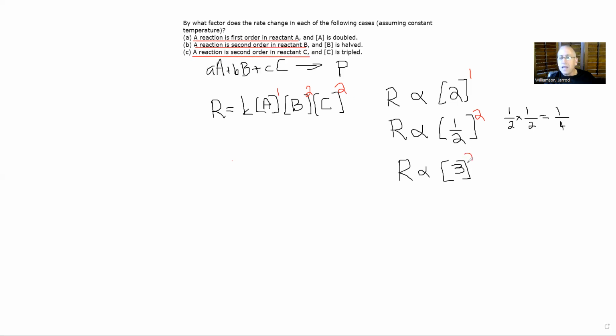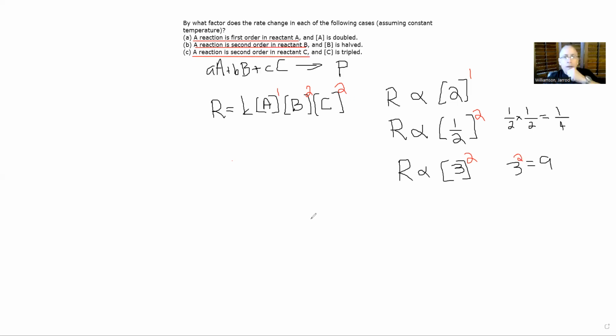And it is second order with respect to C. That'll be 3 squared, and that will be equal to 9. It'll be 9 times as fast. Does that make sense to you guys?